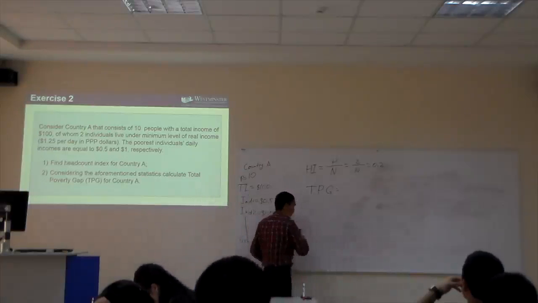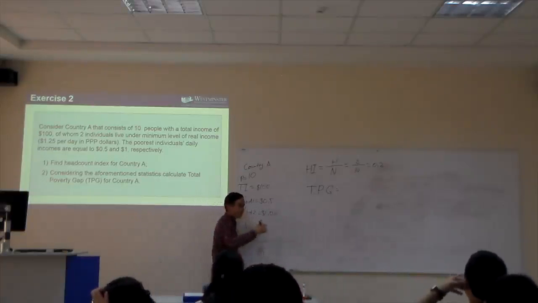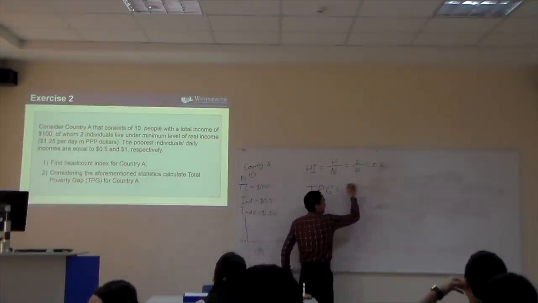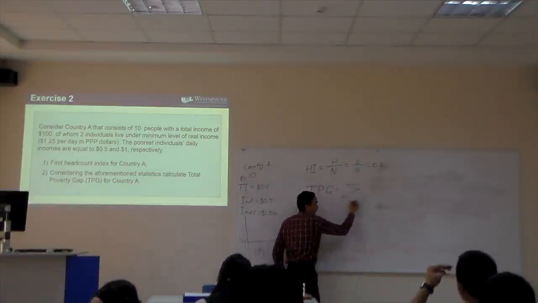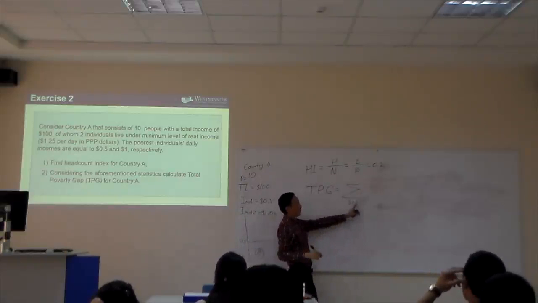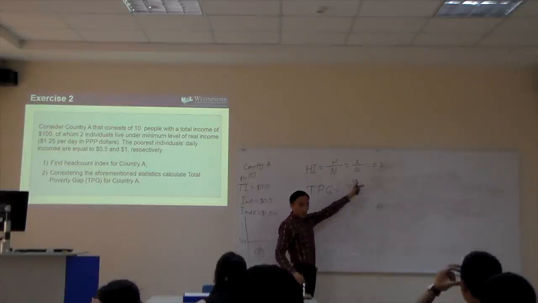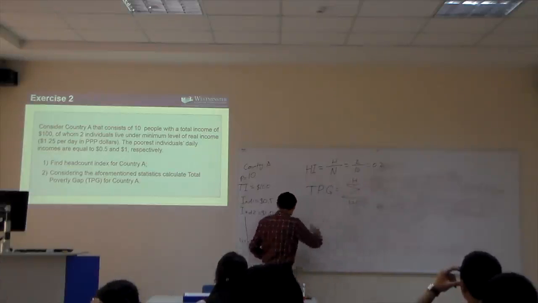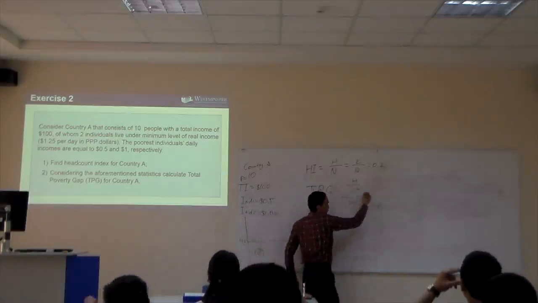Because the population does not consist of one person, we have minimum level of real income. So we have 2 people, so we get the sum of the first absolutely poor person earns $0.50 and the number of all. Okay, how many absolutely poor people we have? Now in the case here, H is equal to 2. Okay, and that's the basic formula.